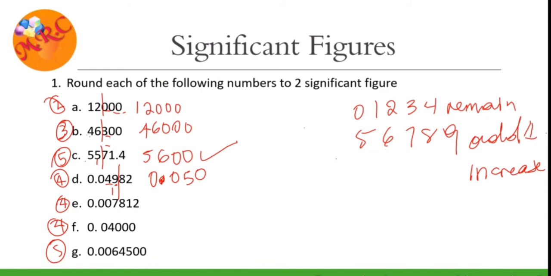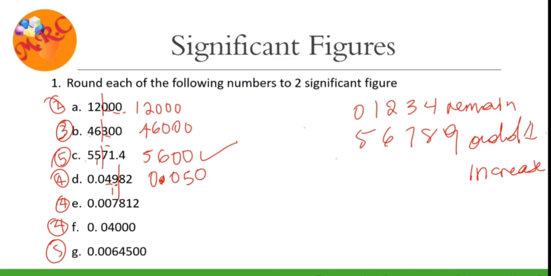Okay, so by now you should have an idea of what is expected of you as it relates to the questions. Go ahead and pause the video. I'm going to write the solutions for E, F and G. So I want you to pause the video. Try E, try F on your own, try G on your own, and then come back to the video and see if your answers are correct.